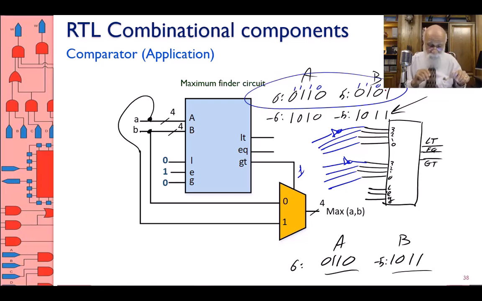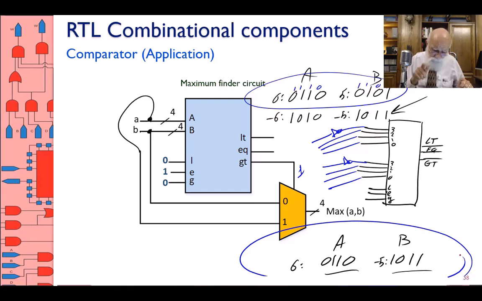What if you have this case over here where the comparator was not working? Now what you are doing, you are fooling it and giving 1110 to the A input and giving 0101 to the B input. No, I'm sorry, only the leftmost bit changes.